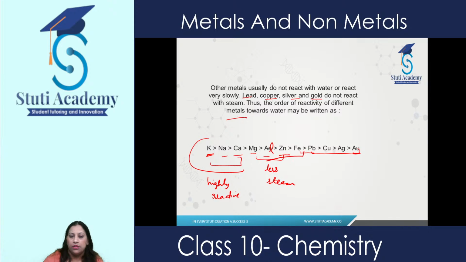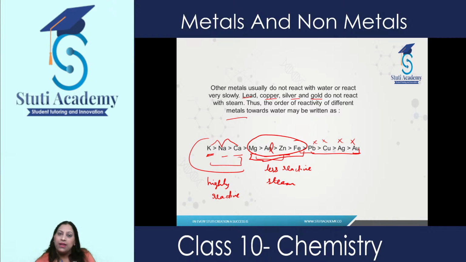So these are less reactive, these are more reactive, and this is how we place them in a reactivity series according to their rate of reaction.